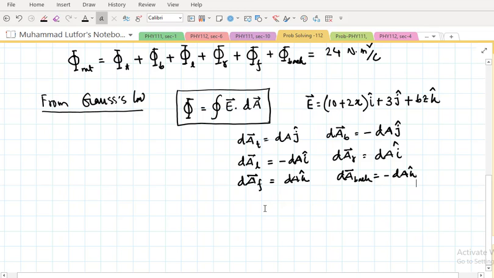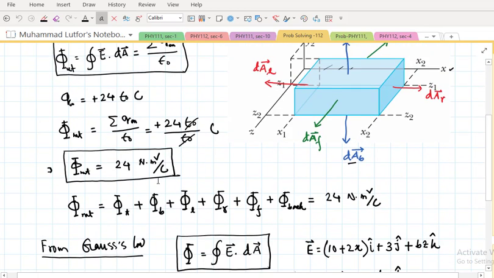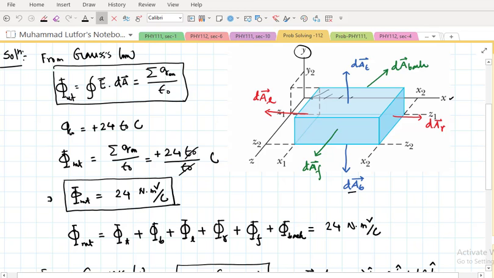Now I'm going to find out the flux for these individual surfaces, say for the top surface. If you think about the top surface, it would be a particular value of y2, right?